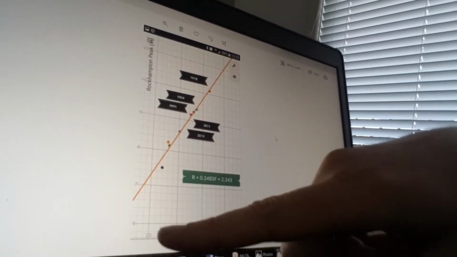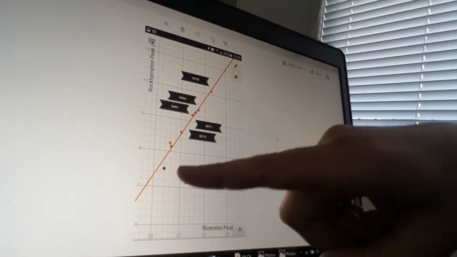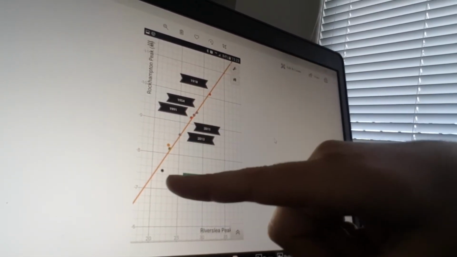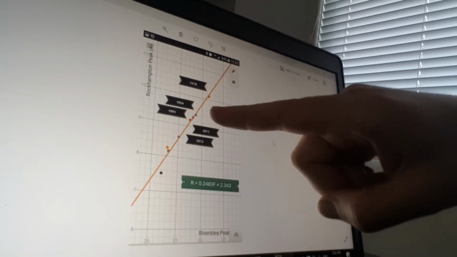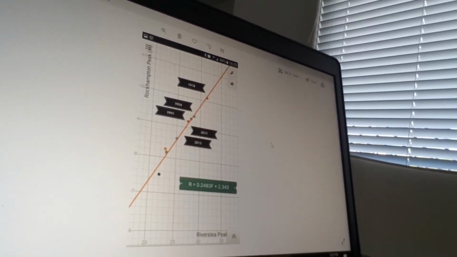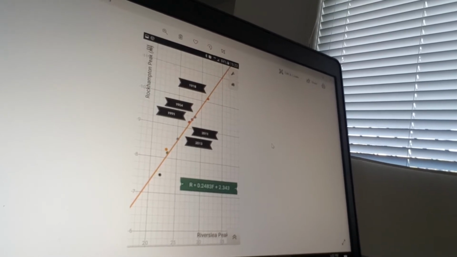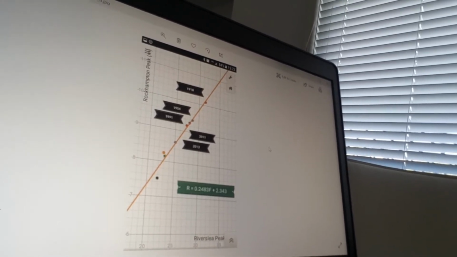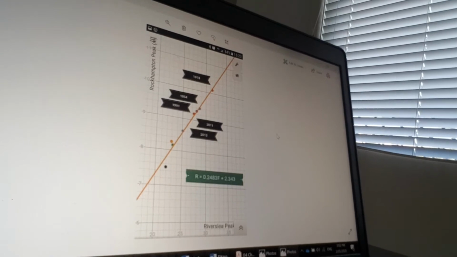What's amazing to me is how close that line, that linear equation, comes to those data points of previous floods. It's amazingly close to the real world, a real linear relationship, which has quite some consequences. And that leads into the questions that you're about to get.